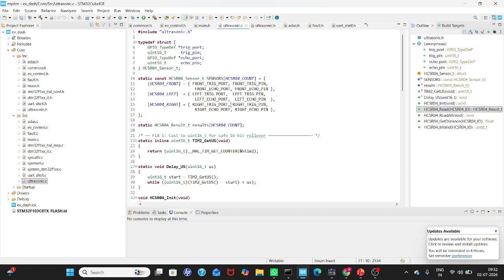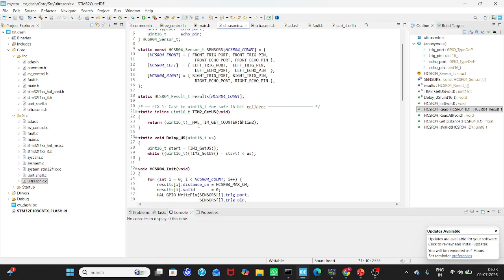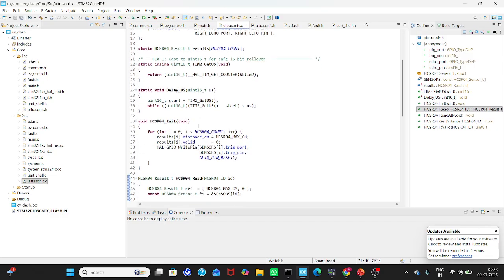As we all know, one is placed at the front, one on the right, one on the left. The HC-SR04 ID enumeration assigns an ID to each sensor, while the HC-SR04 sensor underscore T structure stores the GPIO ports and pins used for trigger and echo signals. The sensor array contains the hardware configuration of all three sensors, making it easy to access each one using its ID.